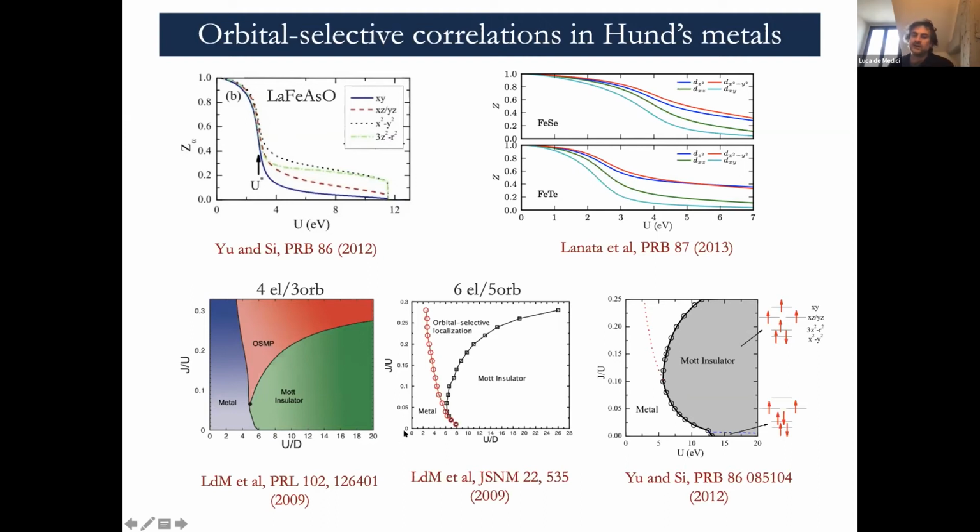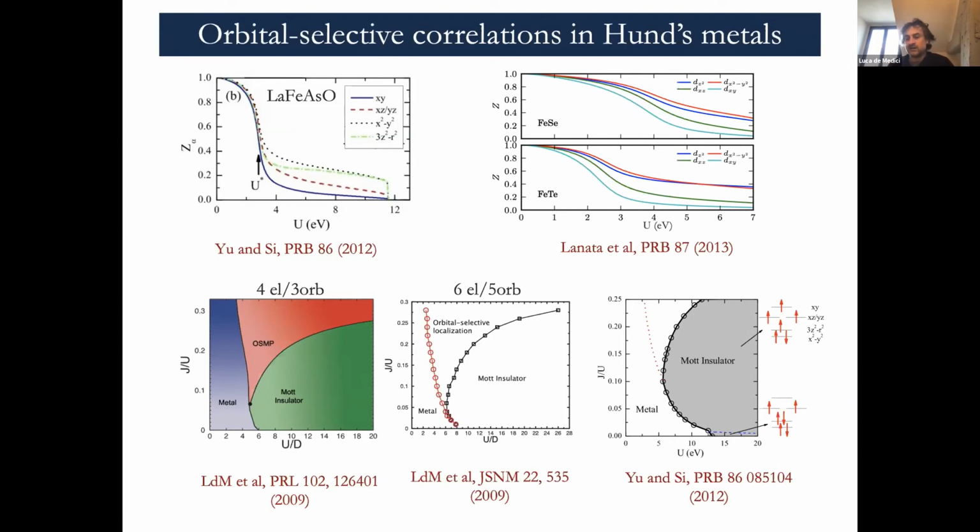So it looks that in this zone, once you have activated the selectivity, the main trigger of correlation is the proximity of the orbital to half filling. So one has to know what is the population of the orbital, and typically the hierarchy in the correlation strength goes exactly with the distance of each orbital from its own individual half filling.